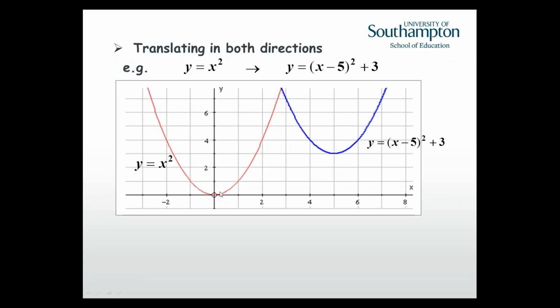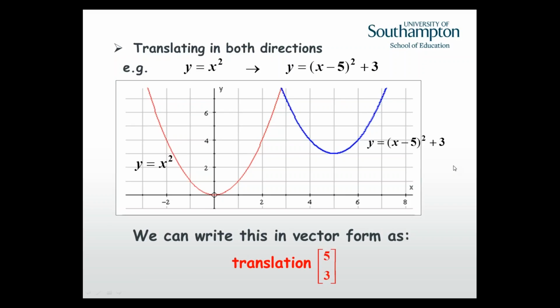Notice that my vertex here is 0, 0. My vertex here is 5, 3. And that is in fact the translation that has happened. It's moved it along 5 and up 3. So that's a translation written in vector form. And effectively that gives us the coordinates of our vertex.